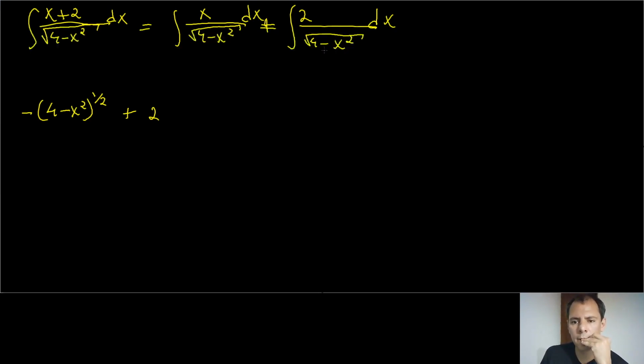Well, okay, so this is going to be an arc sine of u divided by a. In this case, u is just x, so it's going to be x divided by a, and a is going to be 2.